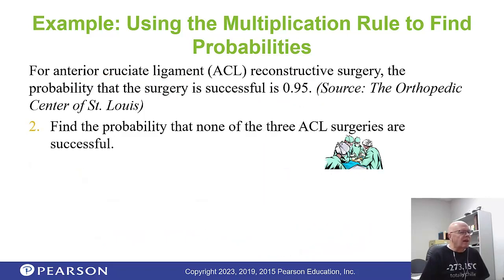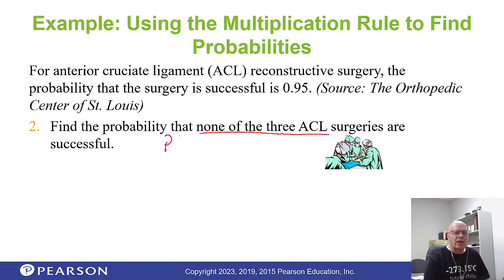Let's take another twist on that. Find the probability that none of them are successful. Well, take note that this is the opposite of having all of them be successful, in a way, but not totally.